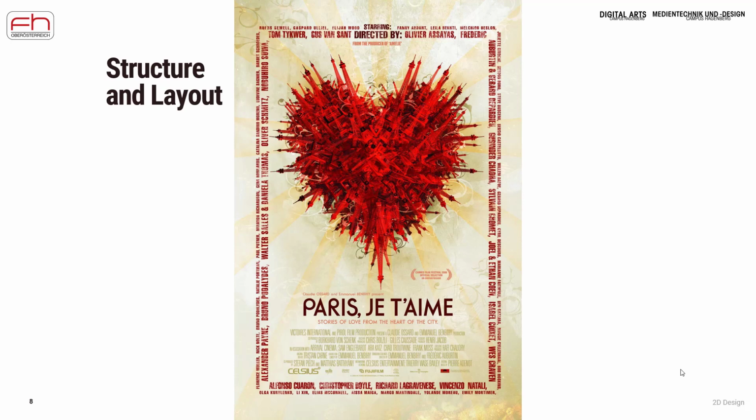Okay, so when it comes to structure, there's always a picture or a graphic thing, which by the way does not need to be a photo. So for example, in this case, it's not a photo, okay? And you have the title of the movie and you have the credits, but you can also see around the poster a lot of names.